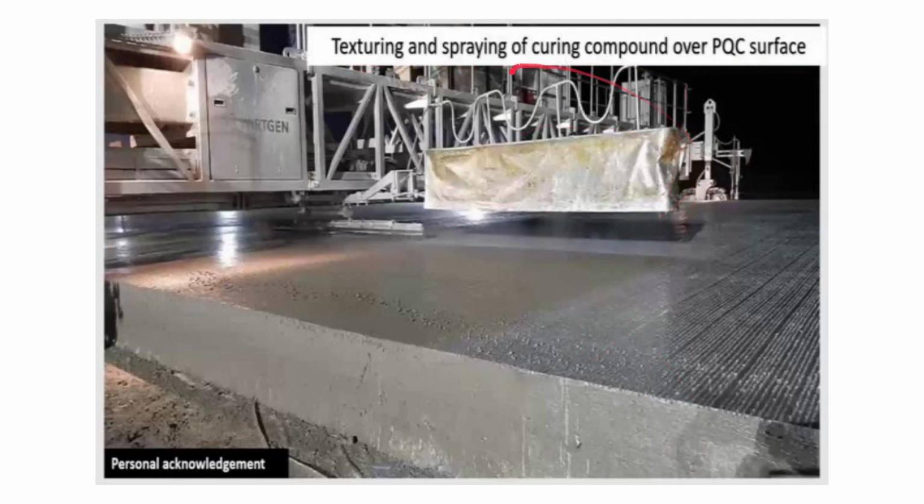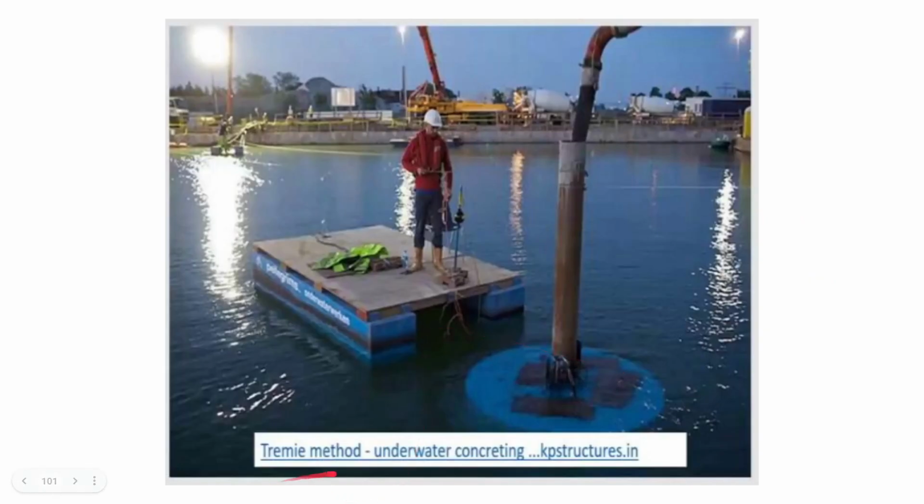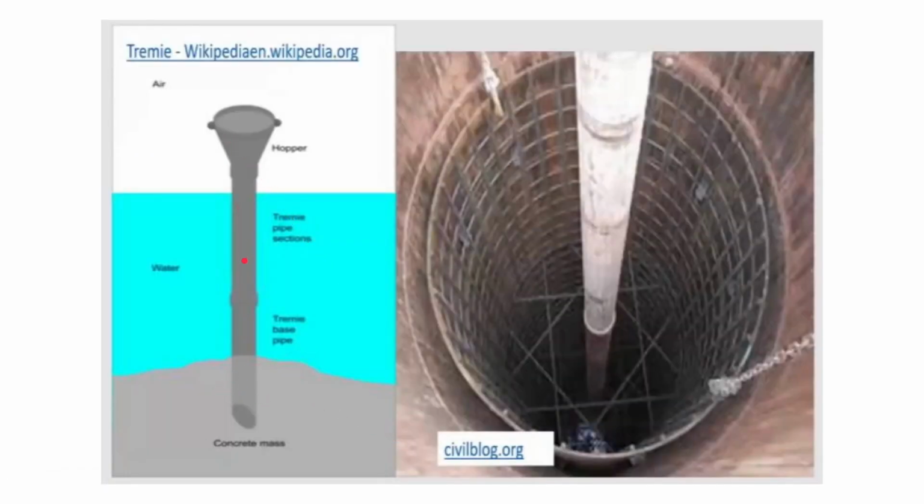These are some of the criteria which they have used for altering the harsh environments. Then for underwater concreting they have used the Tremie method. As you can see, there is a hopper at the top, and inside there is a Tremie pipe section in the water and at the seabed, where the concrete mass is deposited.